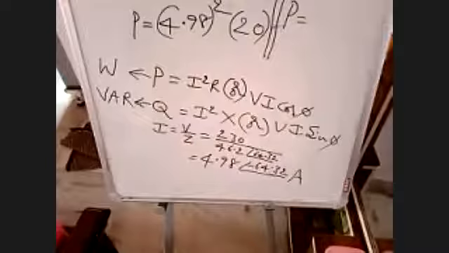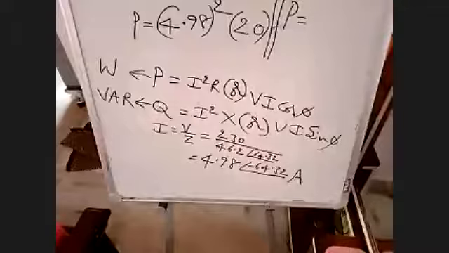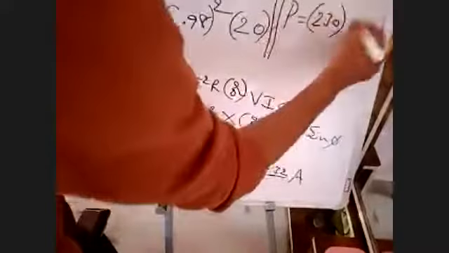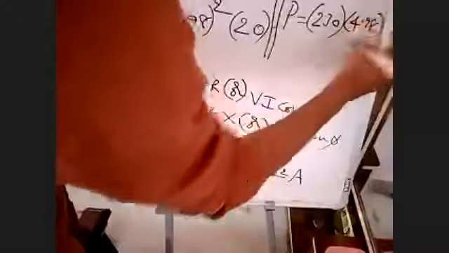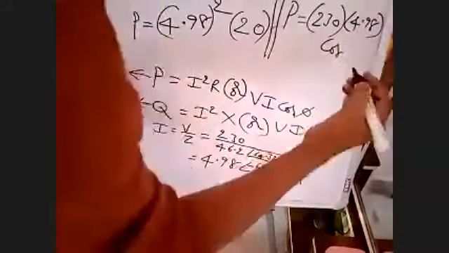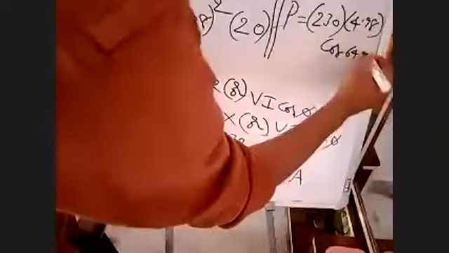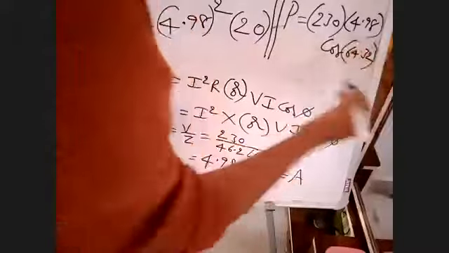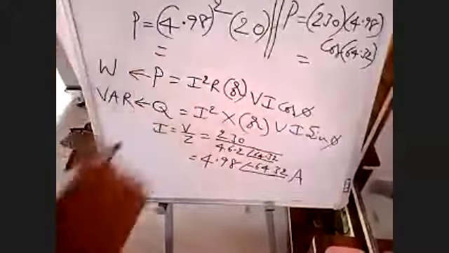Next, one more formula is VI cos phi. V is 230, I is 4.98, cos 64.32.